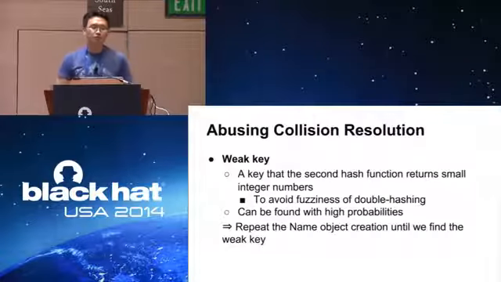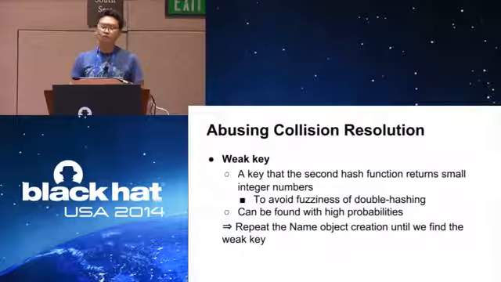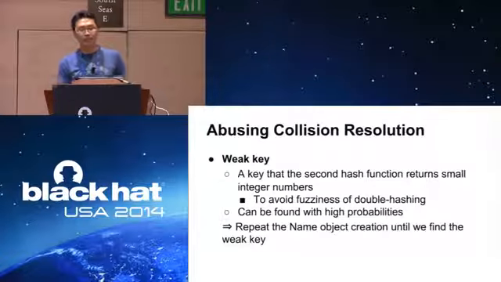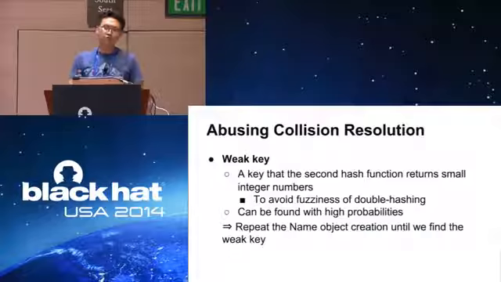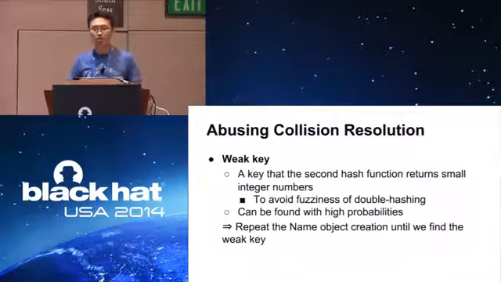To attack this better, we try to find a weak key. A weak key is a key for which the second hash function in the double hash returns small integer numbers. In linear probing cases it is pretty simple, but for double hashing, the mapping between the key and the hash is a little bit complicated, so we want to avoid the fuzziness of double hashing.